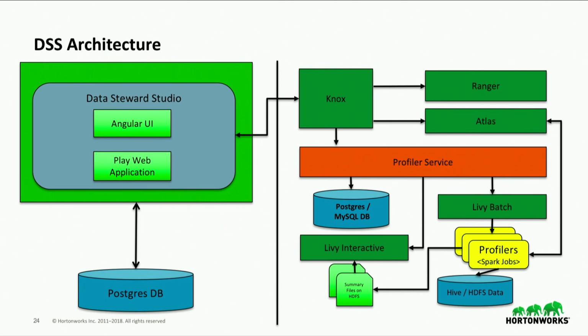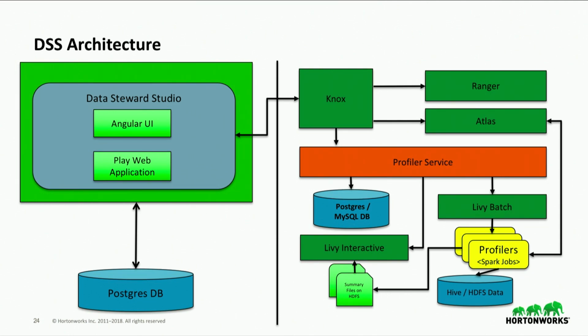He's the guy who's keeping track of what assets need to be profiled, how frequently we need to run the profilers, and whether the profilers run properly or not, and so on, right? So the analogy we try to provide is, think of this as like a crawl index framework, like your web search, right? So your assets are your Hive tables. Your profiler service is like your crawler, right?